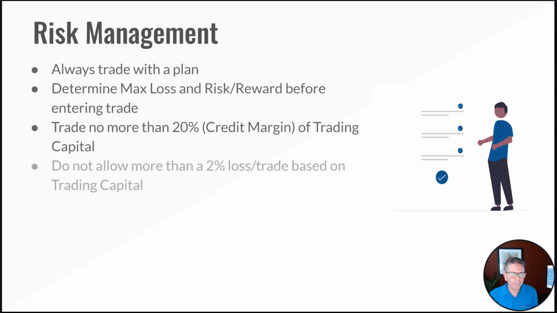Very, very important. You don't want to allow more than a 2% loss in your trading capital. As an example, let's say 0 DTE, when the market does a 3x cap, basically a 3x stop loss, that allows you to take your loss and move on.